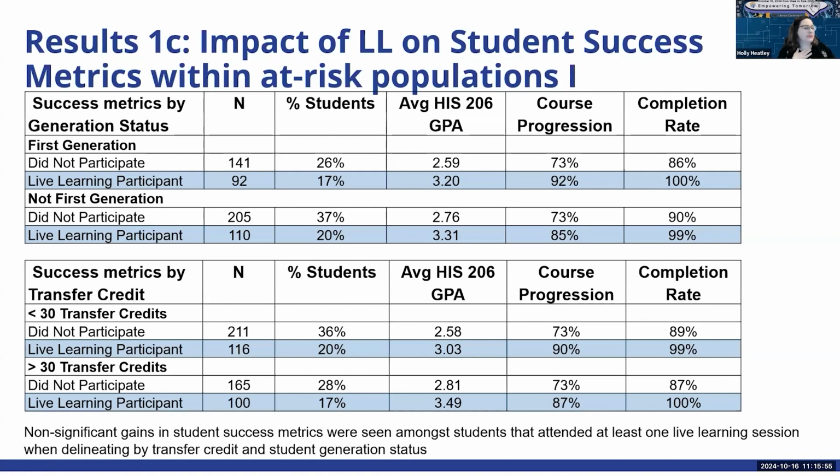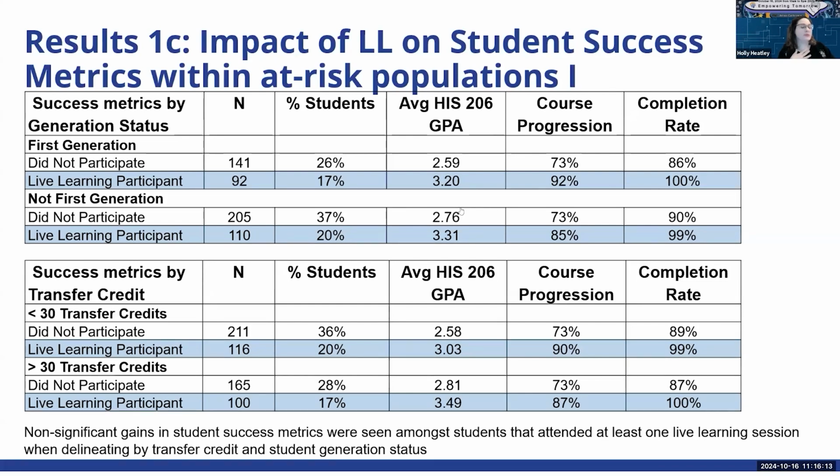These gains in student success metrics were also observed when evaluating student performance by generational status. However, these gains were also not statistically significant in nature, with p-values ranging from 0.38 to 0.9.